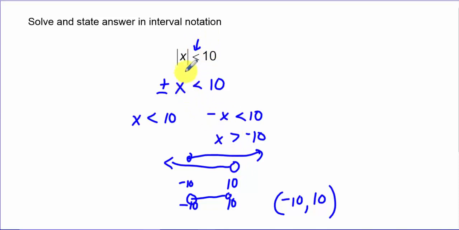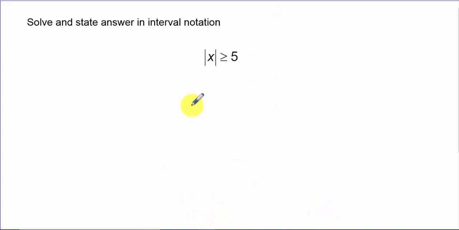Little key: absolute value isolated, less than, okay, it's an and problem. Anytime you have an absolute value less than, it's going to be an and problem. Looks something like this. Now let's look at the graphs when the absolute value is greater than or equal to 5, plus or minus x greater than or equal to 5.